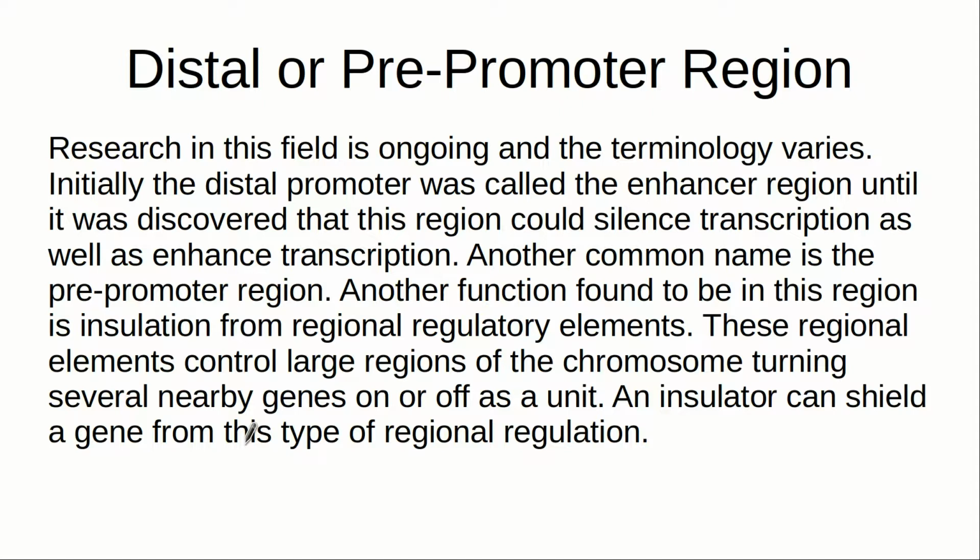But then there are larger regulatory structures further away, the distal promoter, which may be working on several genes at one time. So it's similar to the promoter near it in that it can regulate it, but then it's another level which, when genes need to be regulated as a group, like in an operon, you could regulate the several genes at once with enhancers, silencers, and insulators. All right, but I will get to this in a second.